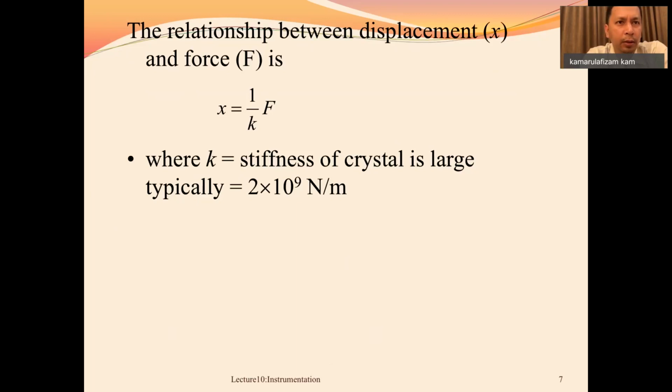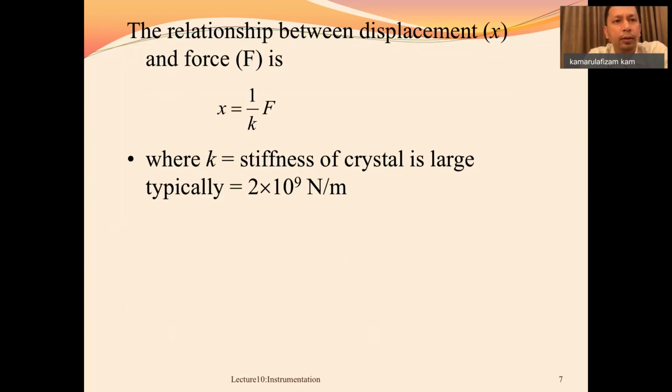Here they show you the equation that relates the force and the displacement, x. How much does the size decrease or increase, depending on whether you compress or decompress the material? So x is a function of 1 over k multiplied by the force, where k is the stiffness of the crystal.